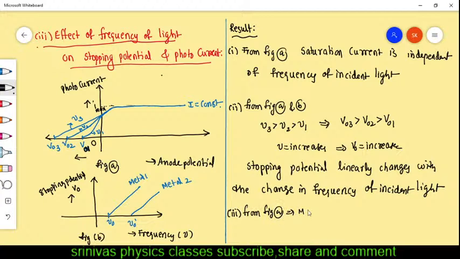That is the maximum kinetic energy. The maximum kinetic energy formula is eV naught. Previously we discussed that kinetic energy depends upon the stopping potential. Stopping potential depends upon the frequency. That means the maximum kinetic energy of electrons also depends upon the frequency.